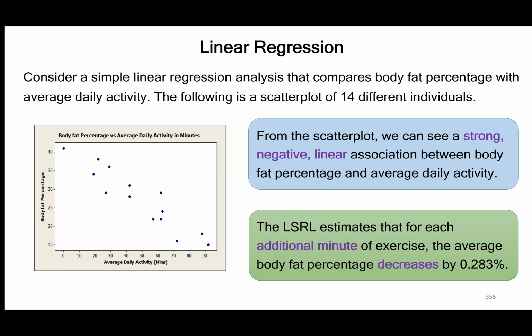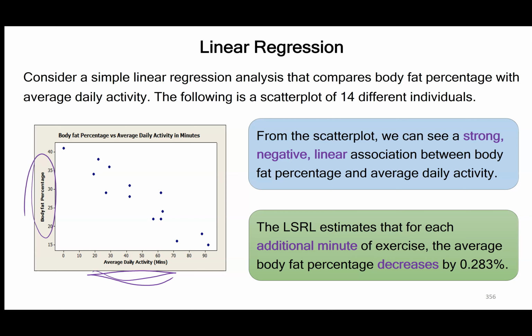So consider this example here. It's a little dated. I'm sorry about that. If you look at the scatter plot, they're looking at body fat percentage versus average daily activity in minutes. So they asked folks, on average, how many minutes per day are you actively exercising?